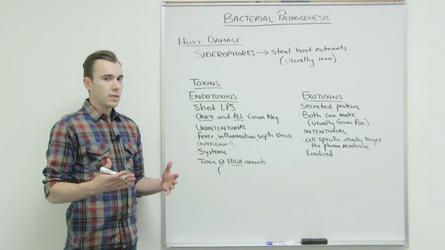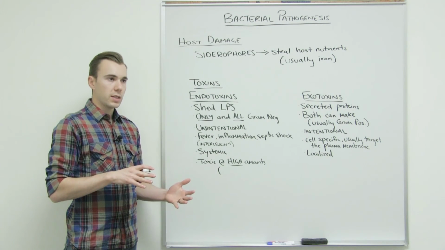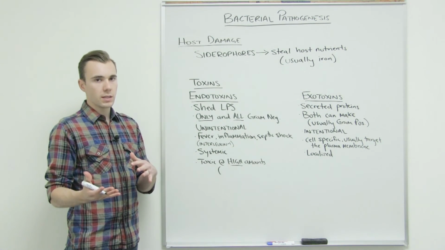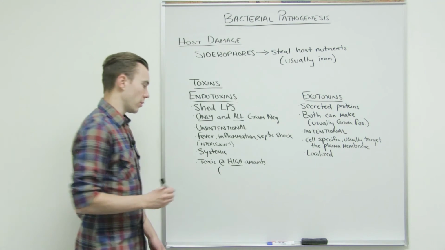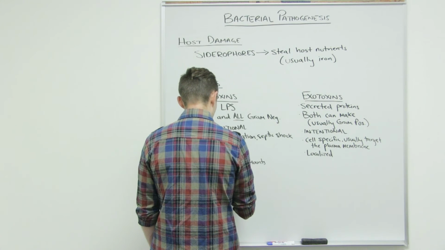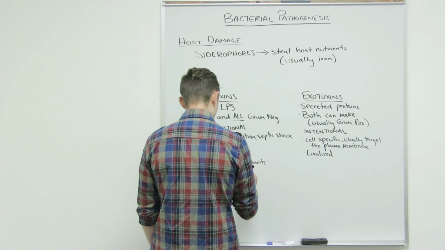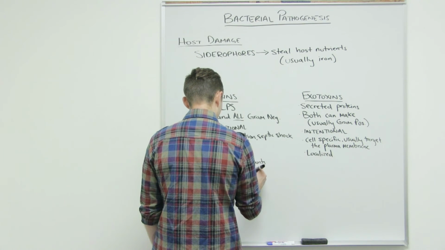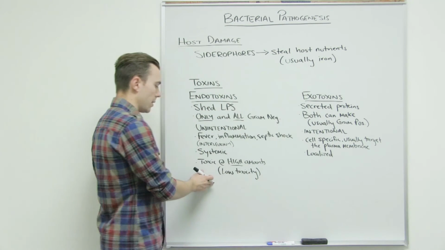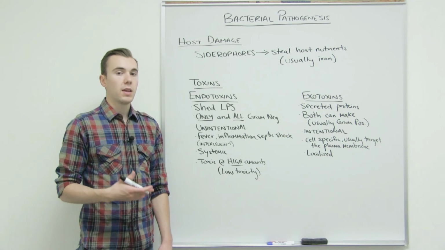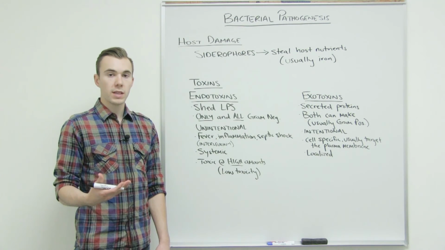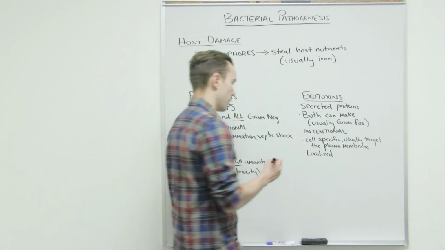So it's kind of confusing because you have low toxicity, which means it takes a lot to harm you. So just know that both of them are ways to describe endotoxins. So high amounts, which means low toxicity. Therefore, exotoxins requires low amounts, or in other words, has a high toxicity.